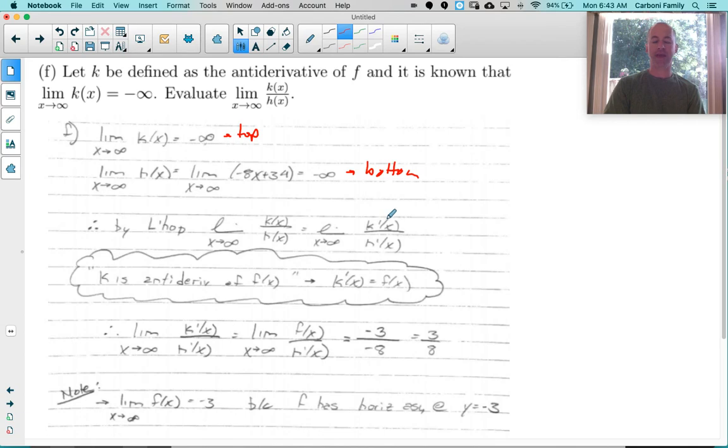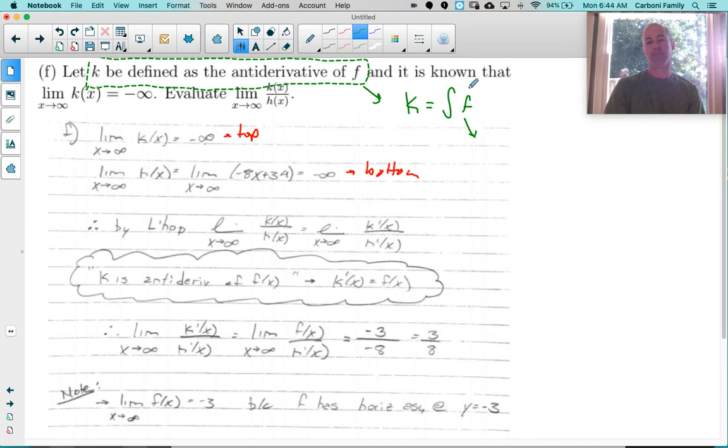And then to get k prime, we had to use this piece right here. K is defined as the antiderivative of f. If you transcribe that literally, k is the antiderivative of f, but if you differentiate both sides, that can also be interpreted as k prime of x is equal to f of x. So that's what I did here.